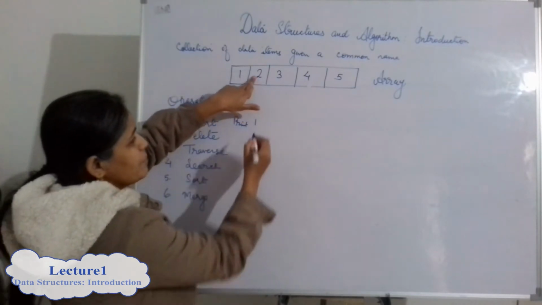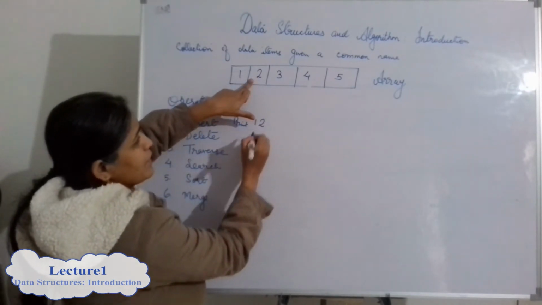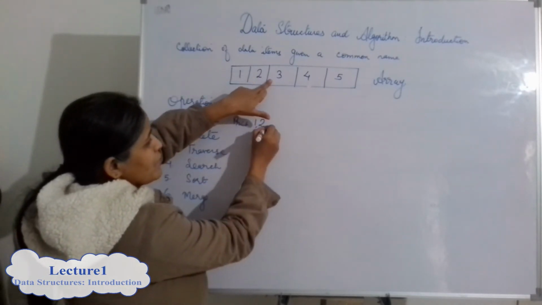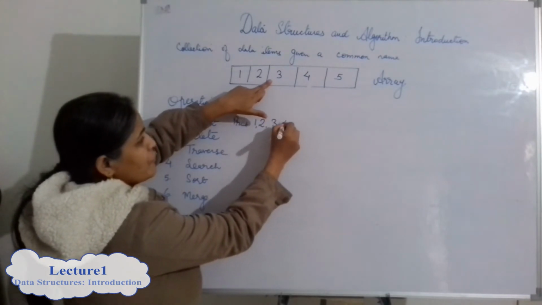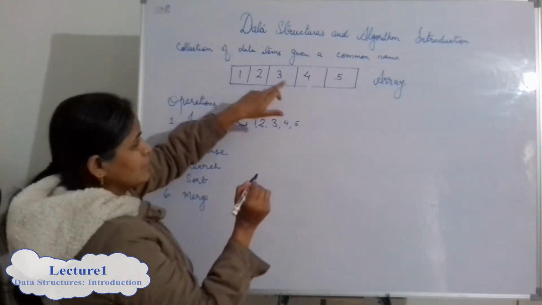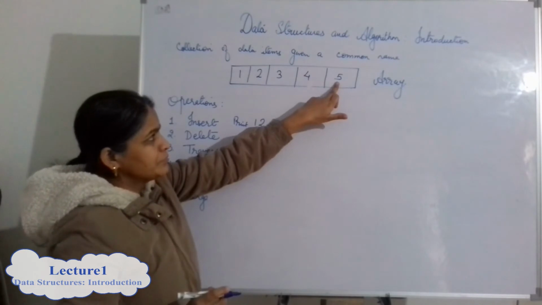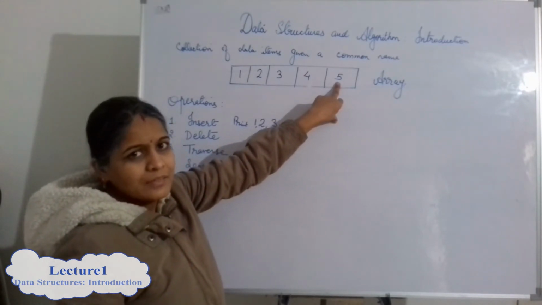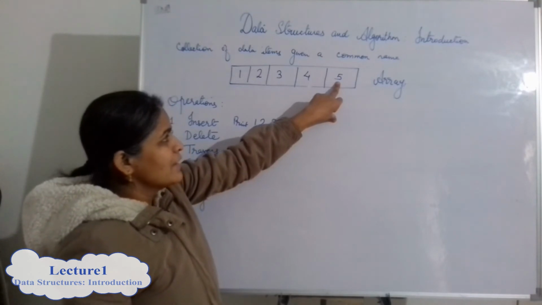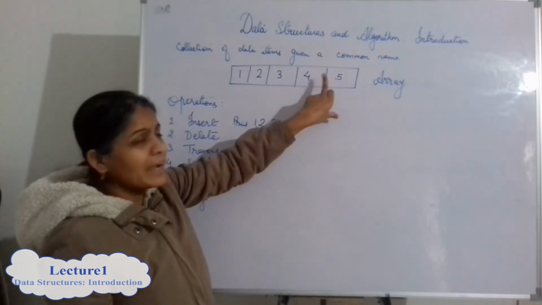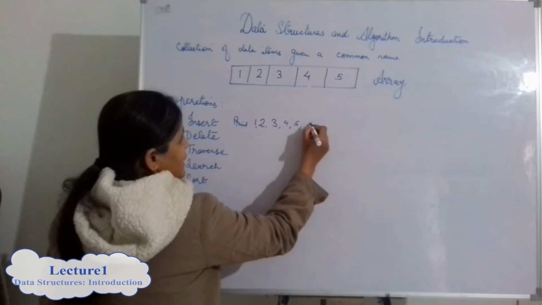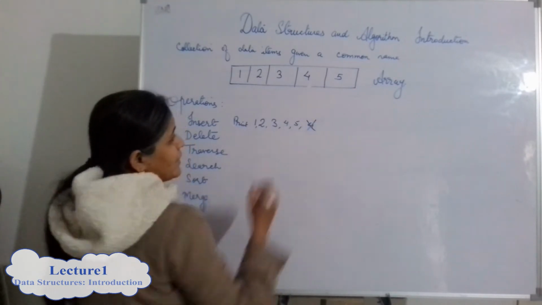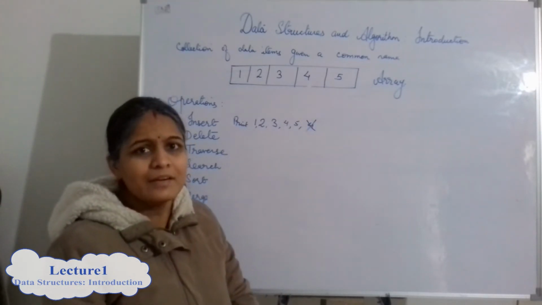Then I would like to access second element, I would print 2. Then I would like to print 3. Then 4, then 5. Now, I accessed all the elements of the array. I cannot access an element again. For example, I cannot access 4 again. It is not permitted in traversing.